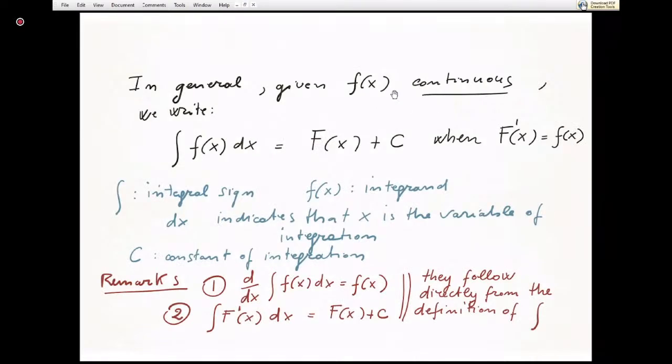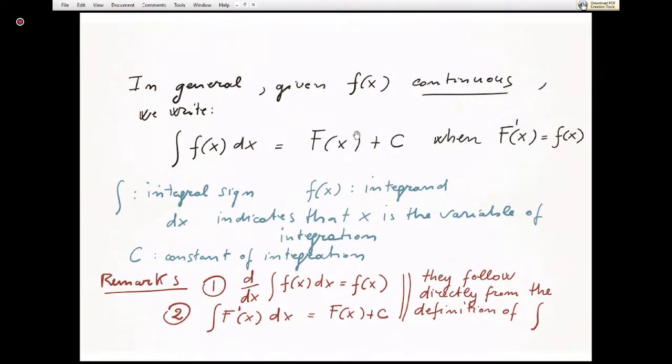So, if we have a continuous function f of x, when we write the integral of f of x dx, and we write that this integral is equal to capital F of x plus C, we mean that the family of functions having f of x as their derivative is equal to any of the primitives of f of x plus an arbitrary constant.